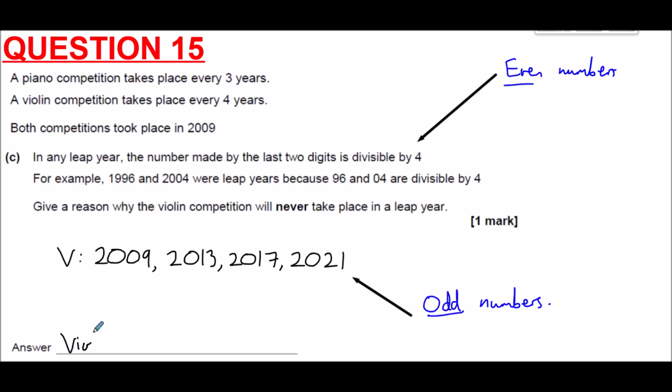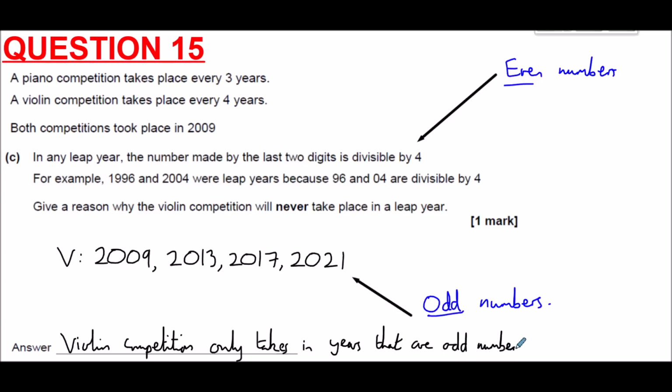The violin competition only takes place in years that are odd numbers. And so that's why the violin competition could never take place in a leap year.